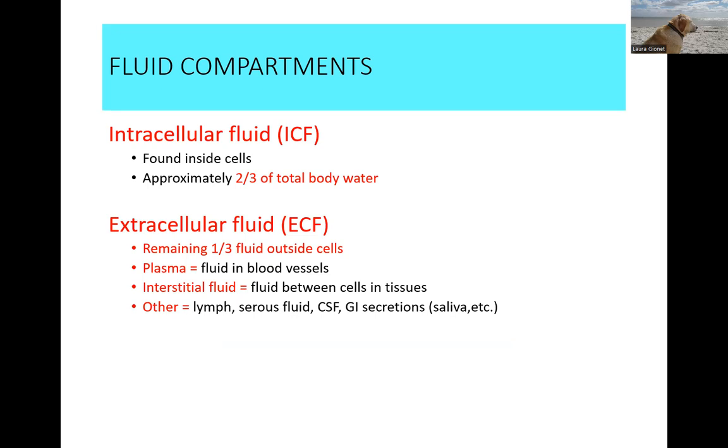And what I do is I think about the circulation of blood, and I kind of follow that. So, okay, what would constitute extracellular fluid? Well, the plasma. Remember, 55% of blood is plasma, and 90 to 92% is water.